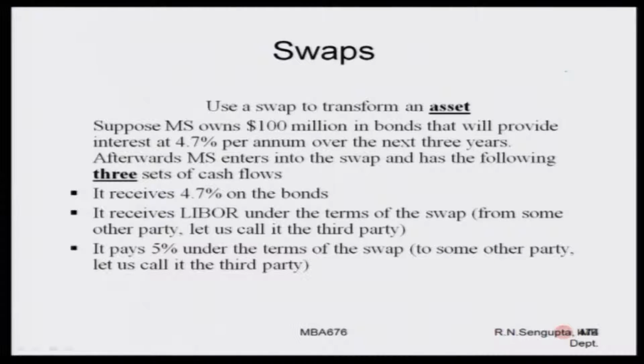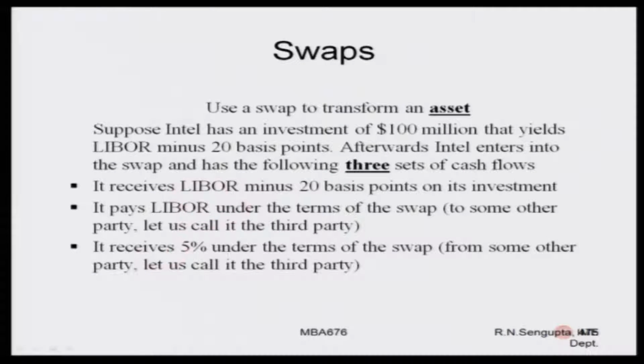So, if you consider the overall scenario, it receives 4.7, receives LIBOR, pays 5%, which means the overall interest rate being paid by Microsoft would now be a floating interest rate, because LIBOR is there, plus or minus the overall difference in the fixed interest rates. That means it receives 4.7%, it gives 5%. So, the overall difference is basically 0.3% plus the LIBOR which is already there.